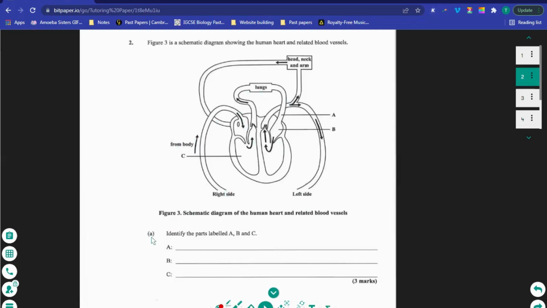Part A asks us to identify the parts labeled A, B, and C. If we had to label what is A, the major hint would be that we would look at this here, which is the lungs. So what brings the oxygenated blood from the lungs into the left side of the heart?